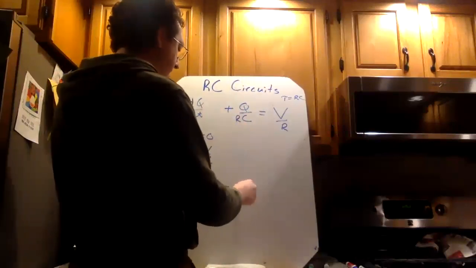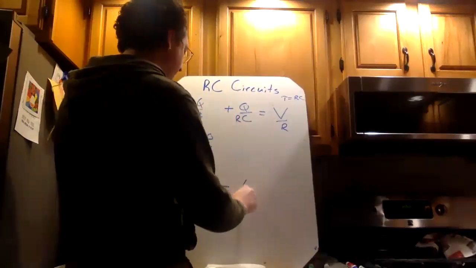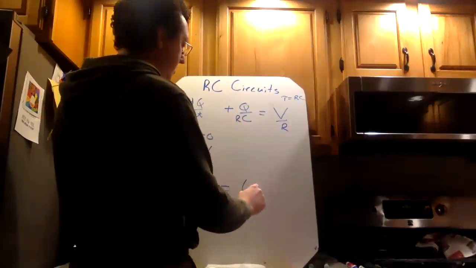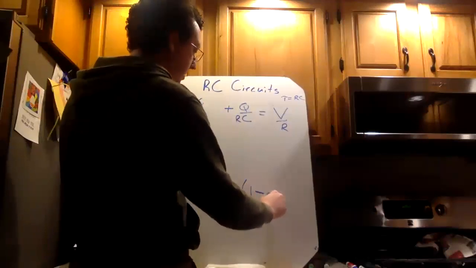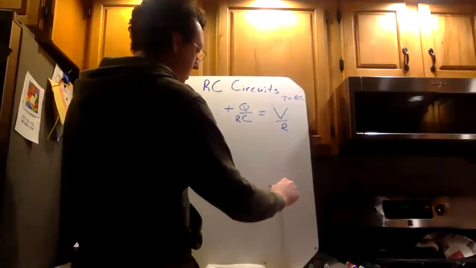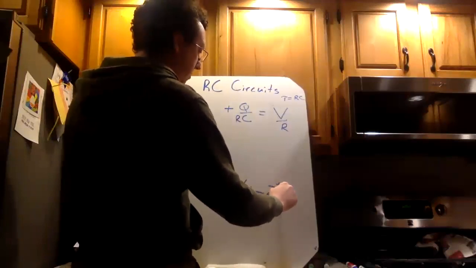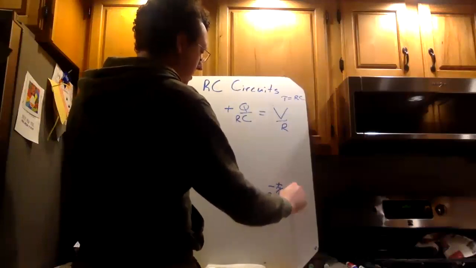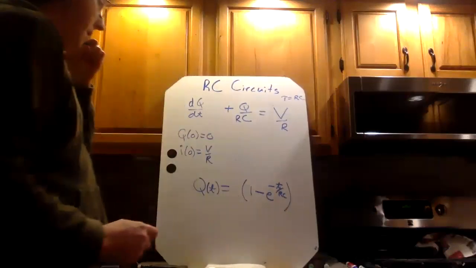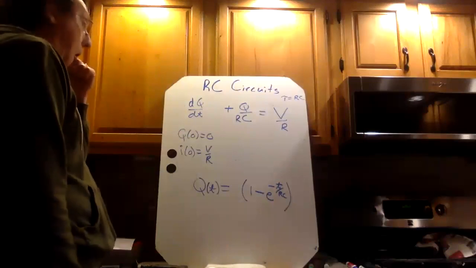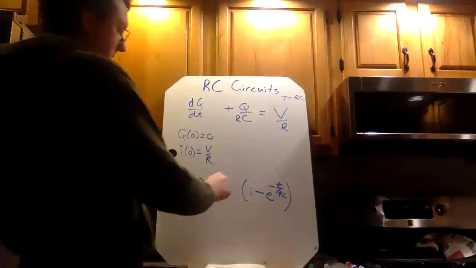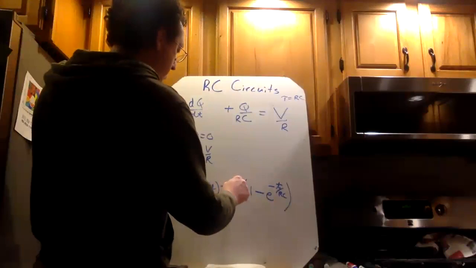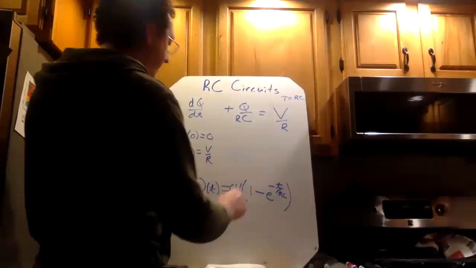I'm going to guess, not really guessing, but feeling my way through it, that this is 1 minus e to the minus t over RC. And now I have to get the coefficients right. It's going to be C times V.